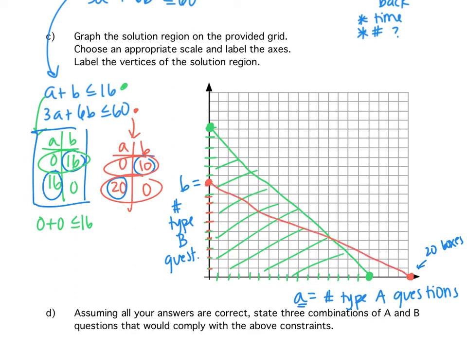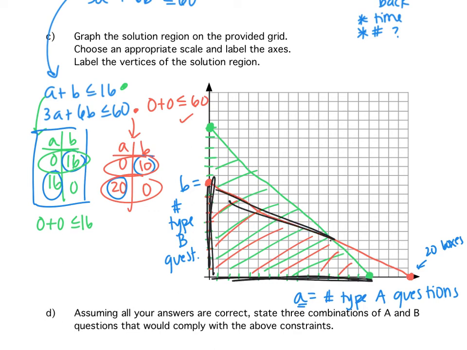If I plug in 0 to that inequality, I get 0 plus 0 is less than or equal to 60, which is true. So that is here. And then of course remember that we are most interested in where they both intersect, which would be this region right here. So that is our region where both inequalities are true at the same time.